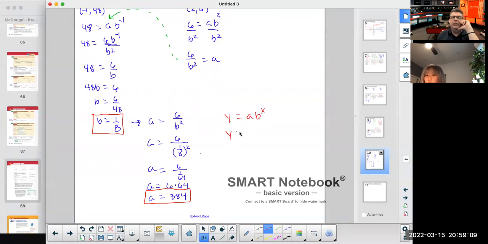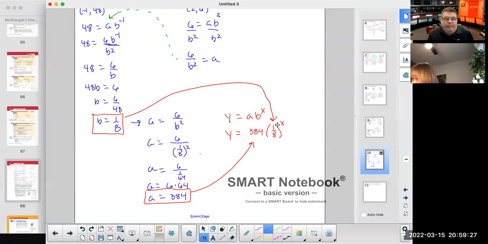Meaning we get y equals 384 times (1 over 8) to the x. You okay?